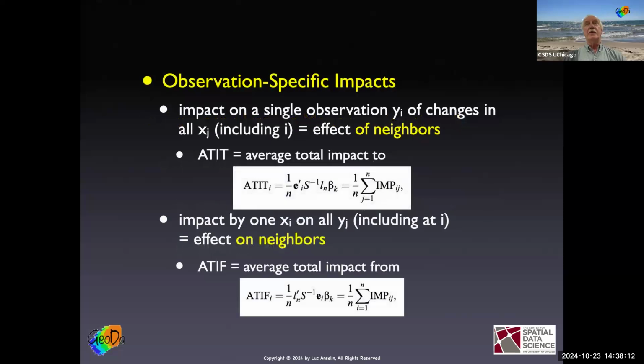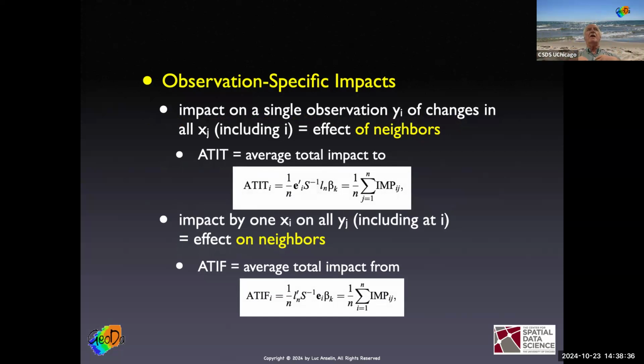And then these are summaries. We can also look at the impact for each specific observation. And this is described, but I've rarely seen it actually computed. There are different notations. I like the effect of neighbors on me, that's the row.